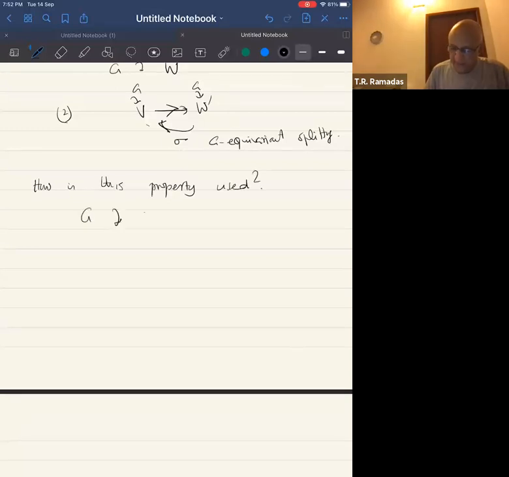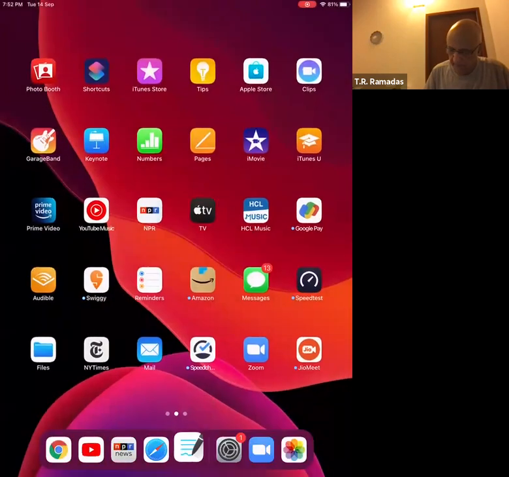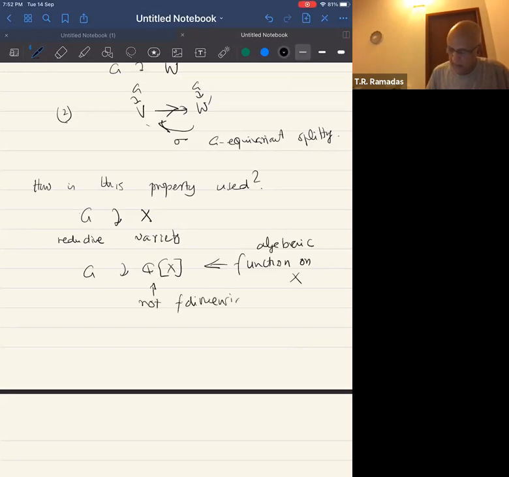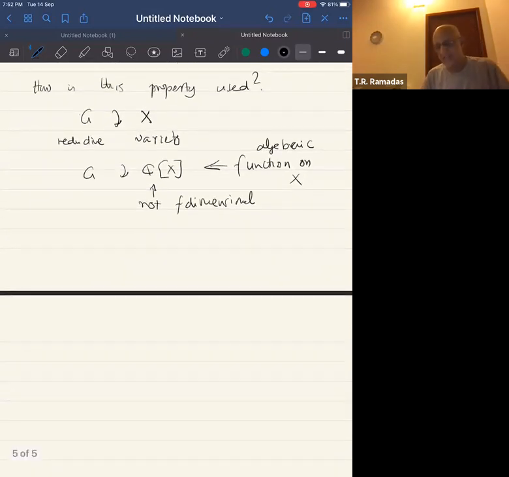Supposing I have a reductive group G acting on some variety X. Then G also acts on the algebraic functions on X. Now, this is not finite dimensional in general, but because the action is algebraic, it is essentially finite dimensional in a way that I try to make precise in the notes. This is part of the yoga of algebraic groups acting on varieties.